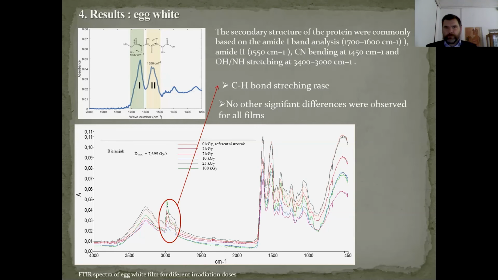The only difference is in the CH bond stretching, whose signal is rising. We can explain that by unfolding of the primary structure of the protein, so that these CH groups are more exposed to infrared radiation.